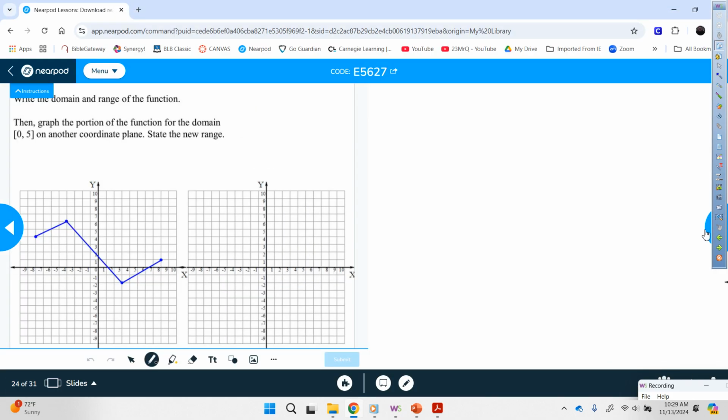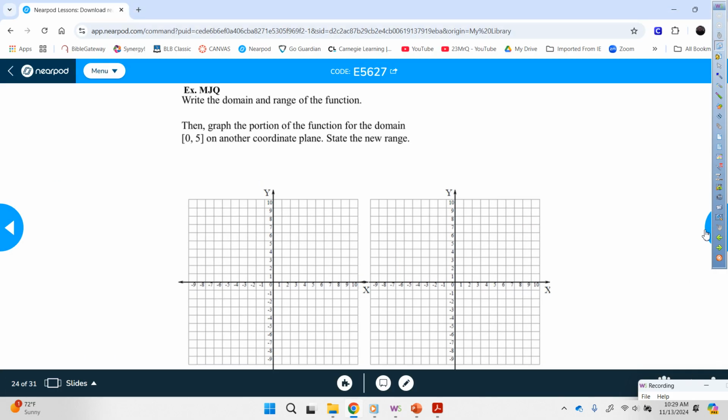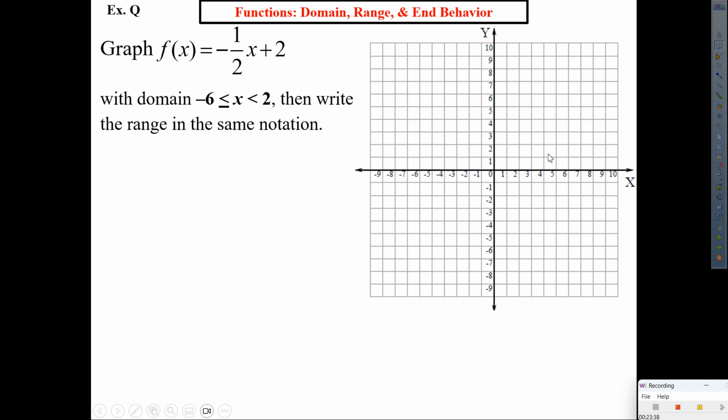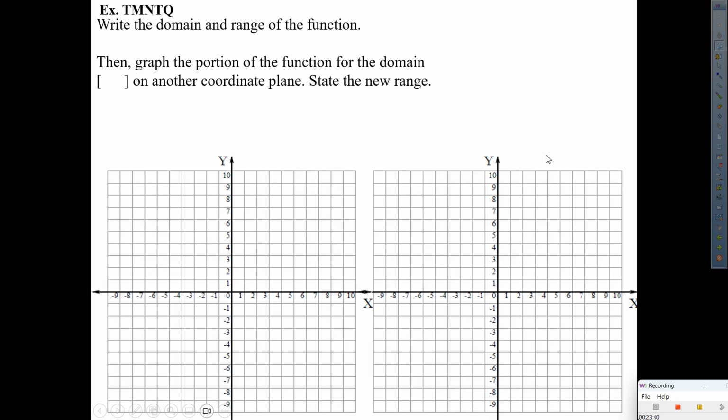Turn that paper over. And on, well, it's actually not on yours. Let me see, it should be on mine. Hold on. Copy this one, please. Example MJQ. Let me zoom in.